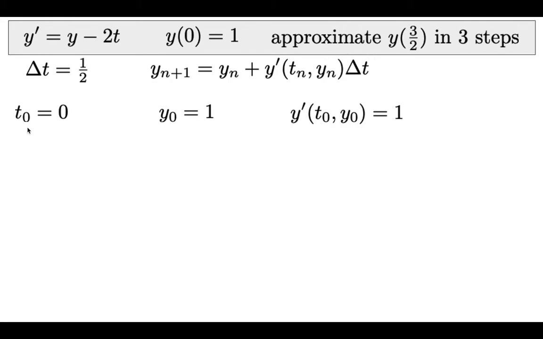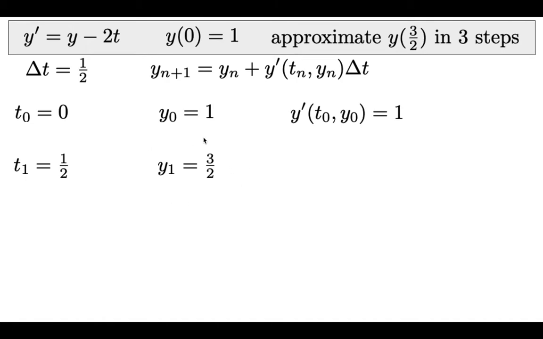And we are given that t0 is equal to 0, y0 is equal to 1, and the derivative at our initial point given by this differential equation is equal to 1. So to go to the next t value, we just need to increase our previous t value by our step size. So we'll increase 0 by 1/2 to give us 1/2. And we have previously calculated our next y value to be 3/2.